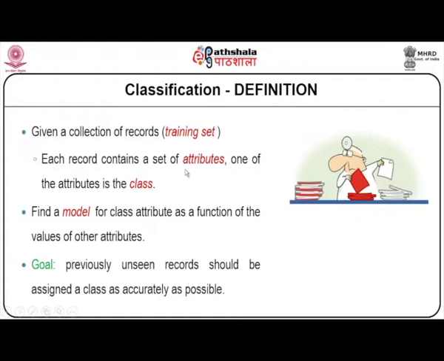This is supposed to be in the format of a relation or a table which will have a list of attributes, and one of the attributes is termed the class. The predicted value that we expect, or the decision with which we want a certain output, we call the class, and the other attributes associated with this table are simply attributes, and the entire collection of records we call the training set.